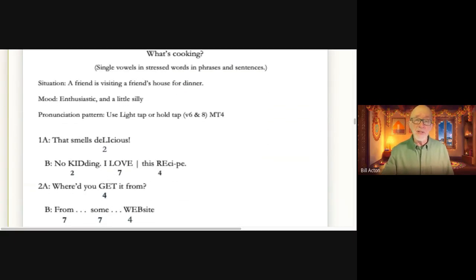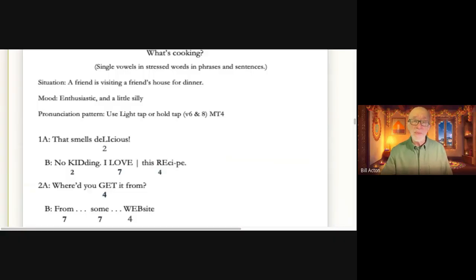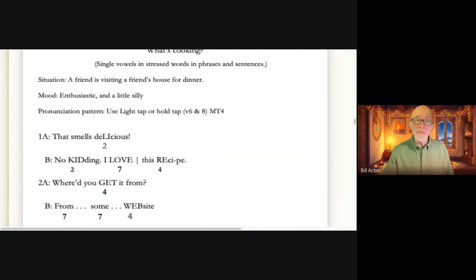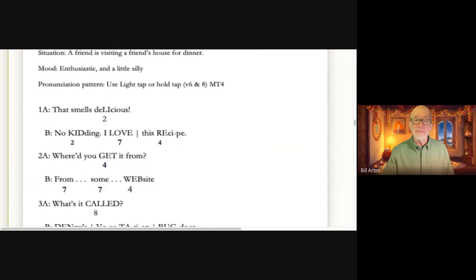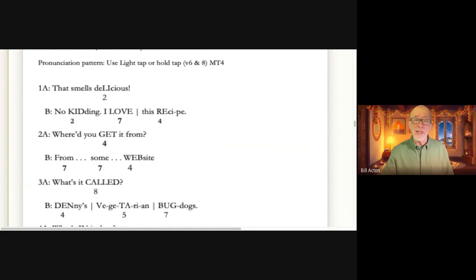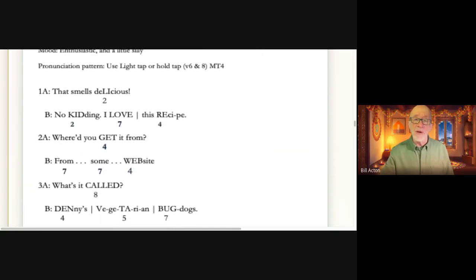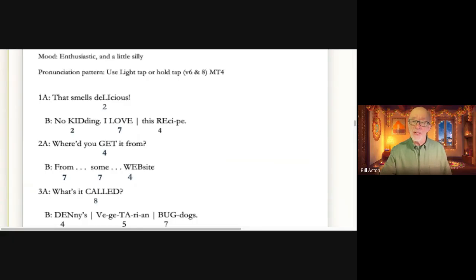All right, here it is. Here's the heart of the lesson. The embodied oral reading is a little cooking, kind of goofy cooking. They have the friend, they're a little bit silly, and it just says use a light tap or hold on vowels 6 and 8, like we were talking about, MT4s. So let's just go through it.